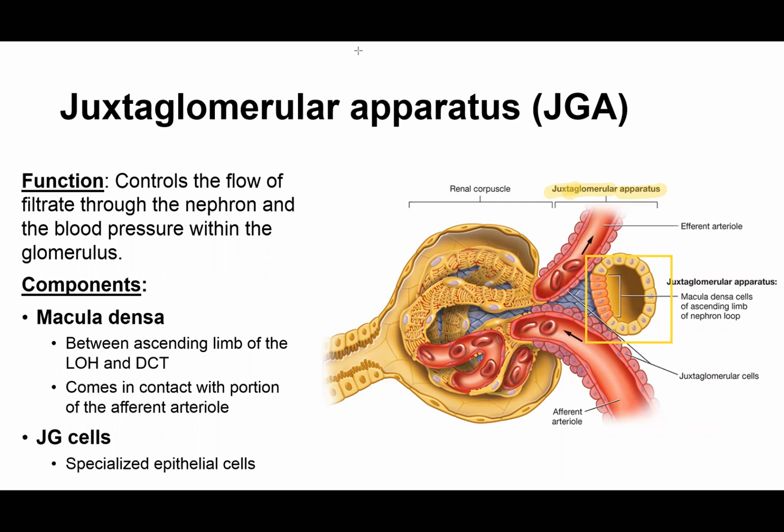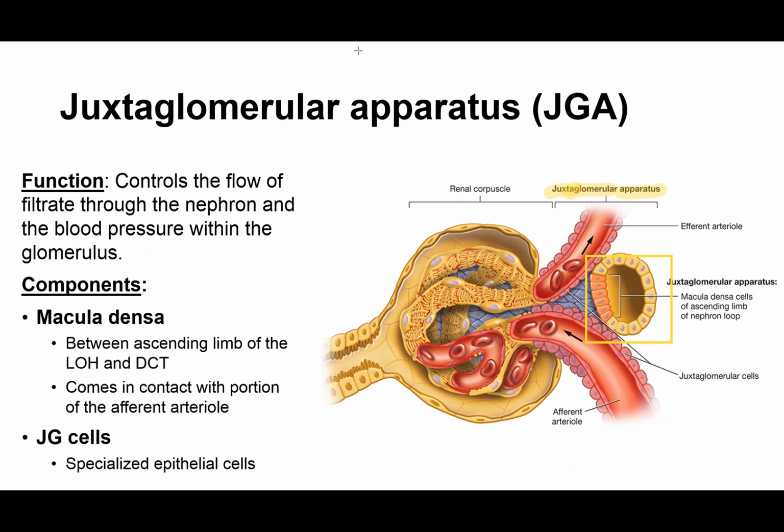The whole purpose of the juxtaglomerular apparatus is that it controls the flow of filtrate through the nephron, and it also controls the blood pressure within the glomerulus.